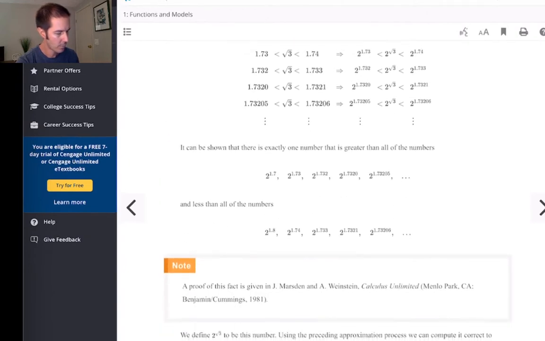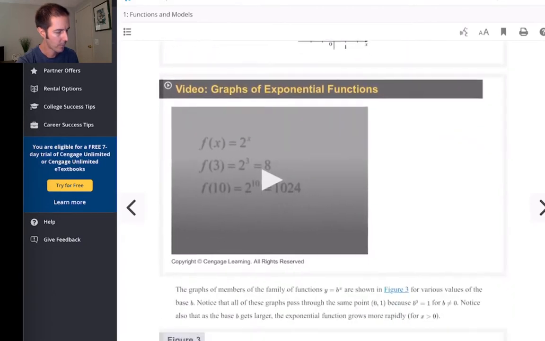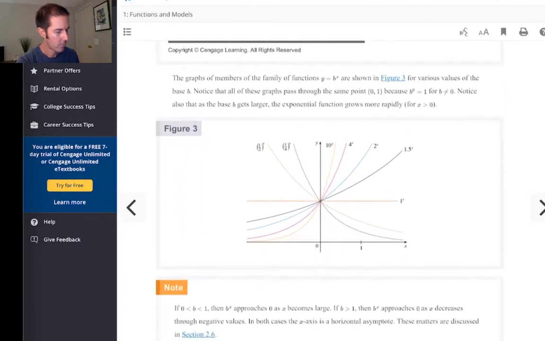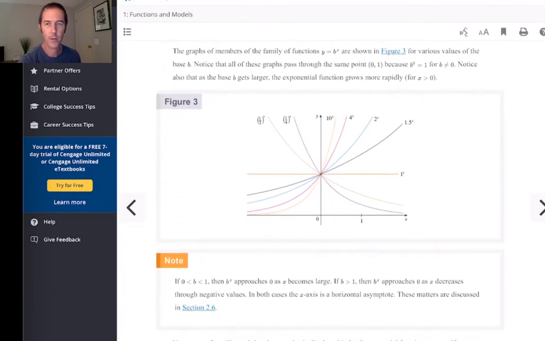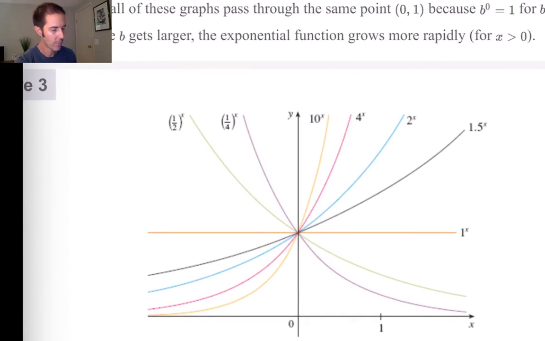Now that's just an example, right? We don't want to say, well, I saw one example and therefore no matter what my base is, as long as it's not 1, my exponential graph is going to have a range that goes from 0 to infinity. But if you scroll a little bit farther through your book, we can see some different base values from left to right.